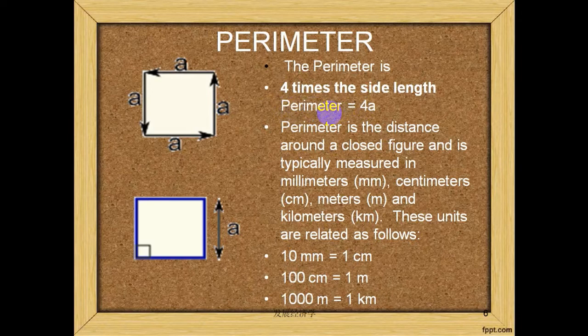So dear students, you know that every quantity has a magnitude as well as a unit. So first of all, note that 10 millimeter is equal to 1 centimeter, 100 centimeter is equal to 1 meter, and 1000 meter is equal to 1 kilometer.